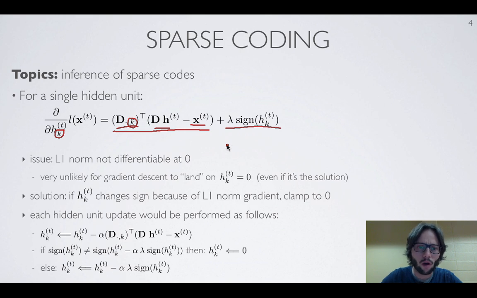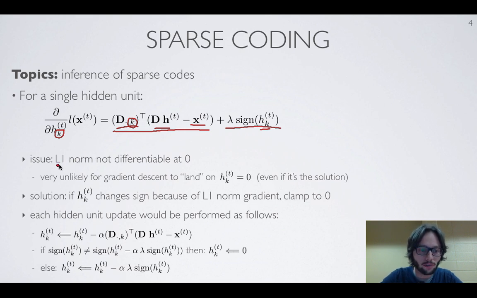Now we know that the L1 norm encourages values, in this case the hidden units, to be exactly 0, forcing some of them to be so. If we do regular gradient descent, it's very unlikely that a gradient update will land exactly on an h value equal to 0.